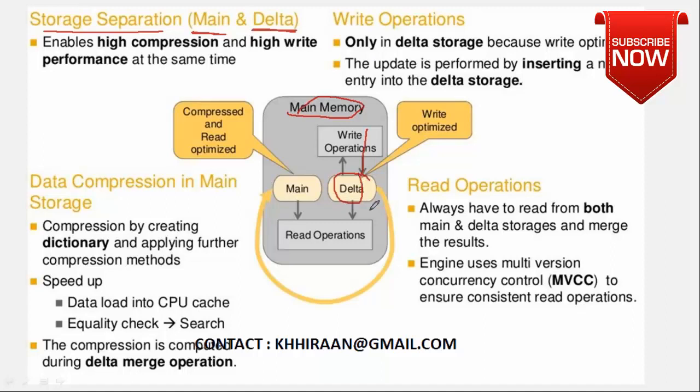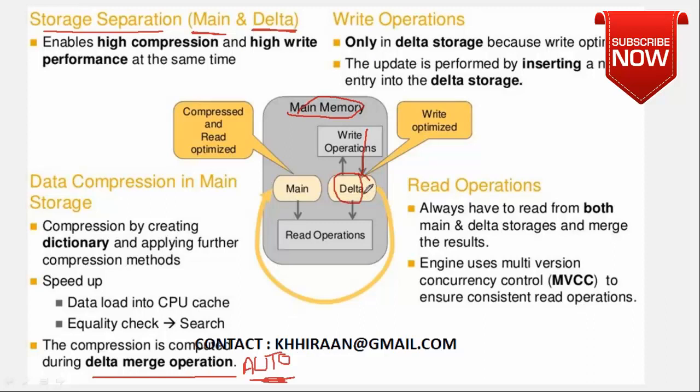Then there is an option called merging. The system will perform what is called the delta merge operation, for which we specify the word auto, so the system will merge automatically at a certain time. This will be taken care of by your HANA administrator. No need to worry, you just need to understand the concept.